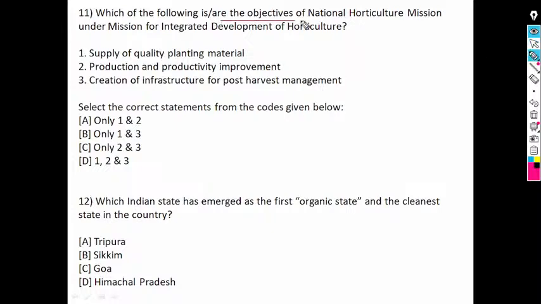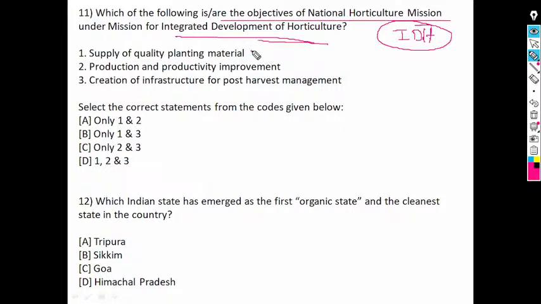Which of the following are the objectives of the National Horticulture Mission under the Mission for Integrated Development of Horticulture?